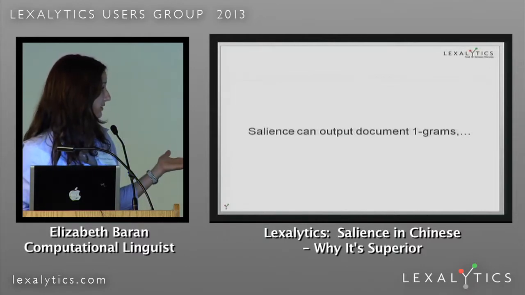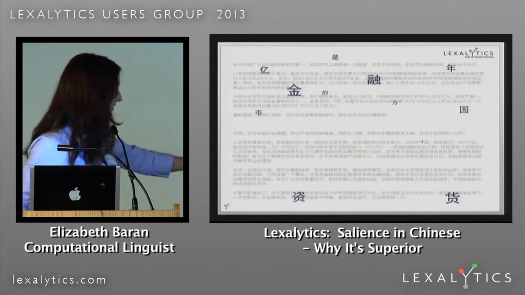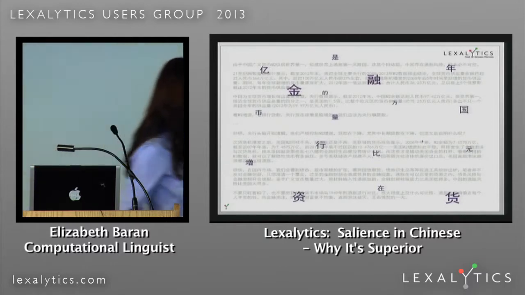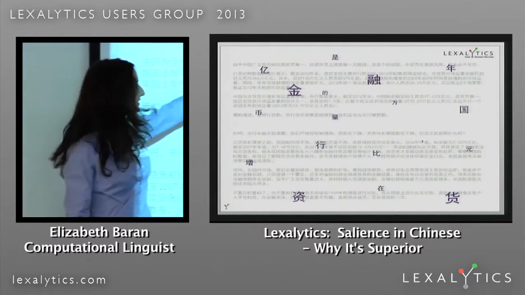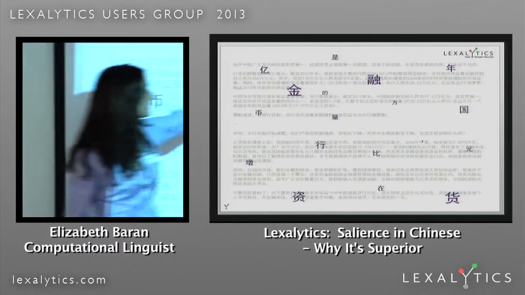So 1 grams are actually characters, which tend not to be words on their own, which is why I don't have the translation for a lot of them. But you get an overall idea. So this literally means gold. It tends to be part of money words. Rong is part of finance.